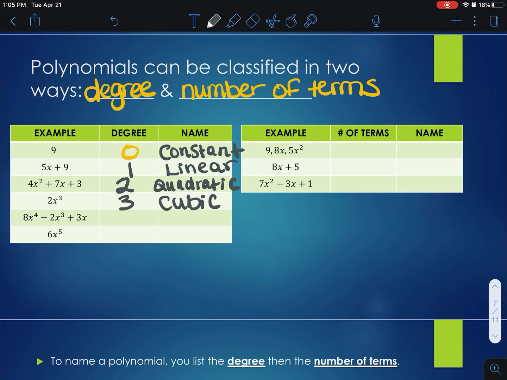In the next example, 8x to the 4th minus 2x cubed plus 3x, the highest degree is 4, and it is called quartic. And the last one, 6x to the 5th power, the highest degree is 5, and that is called a quintic.